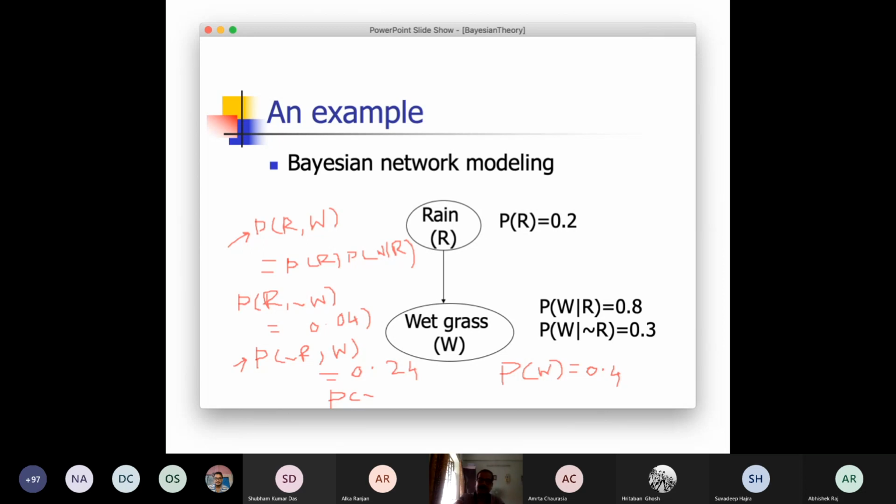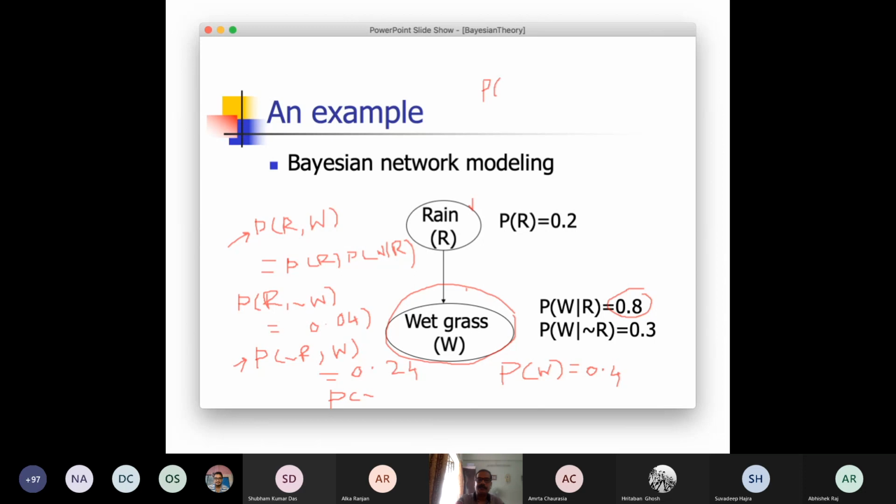One interesting inference could be: what is the probability of wet grass given rain? If it rains, directly I can say it is a very high probability, 0.8. But suppose I observe the grass is wet, then what is the probability that it rained?